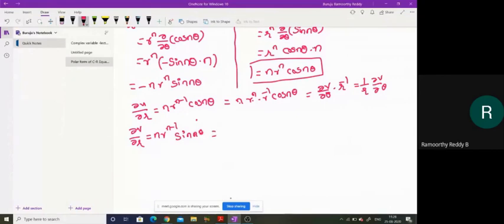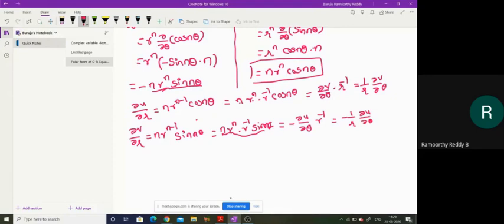Similarly, n r^n into r^(-1) sin nθ, you write it as minus ∂u/∂θ into r^(-1), right? It is clear, it is minus 1/r ∂u/∂θ, right?